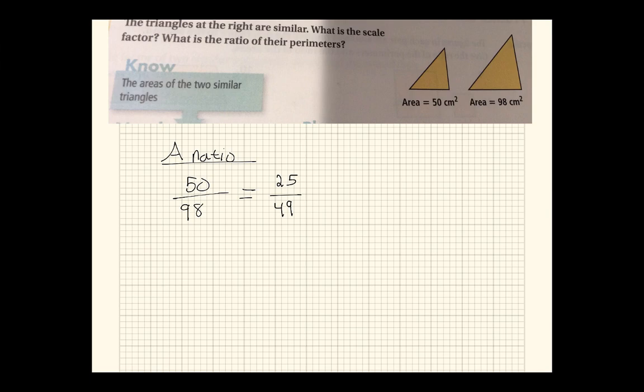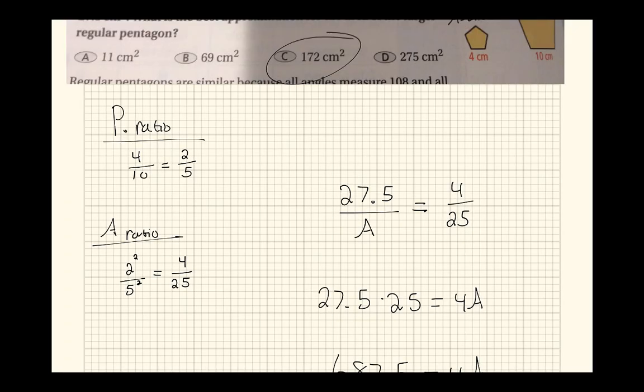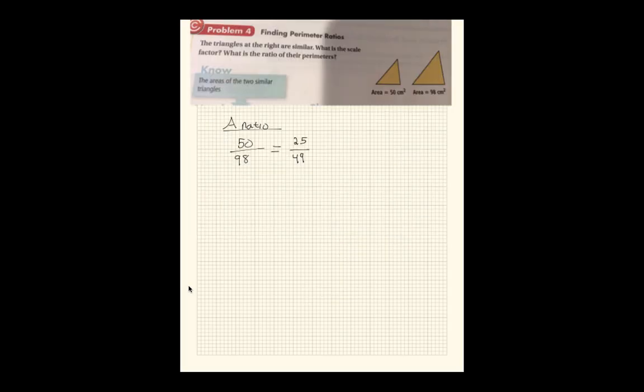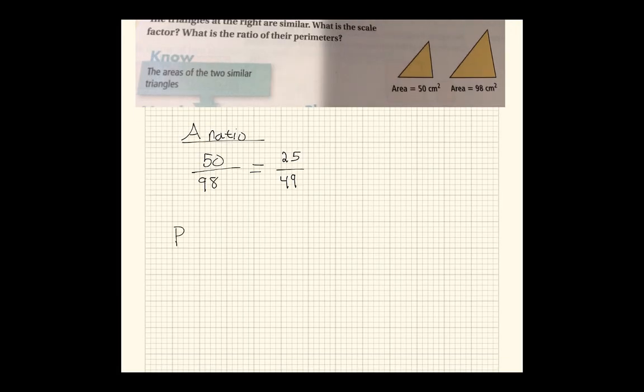So let's think, if I have the area ratio, remember, to go from perimeter to area, we squared this number to get my area ratio. If we want to reverse that and get the perimeter ratio, how do I reverse a square? We square root.